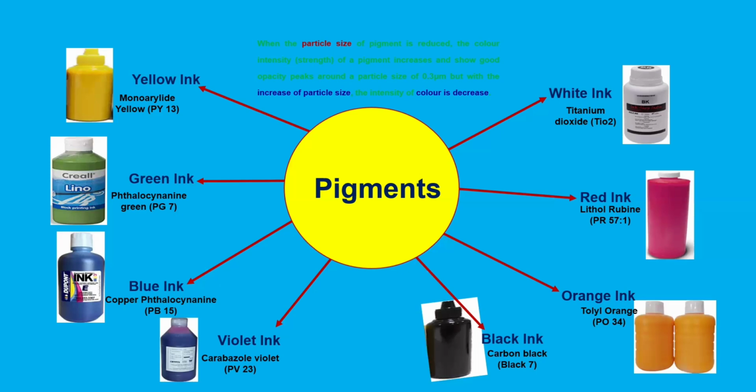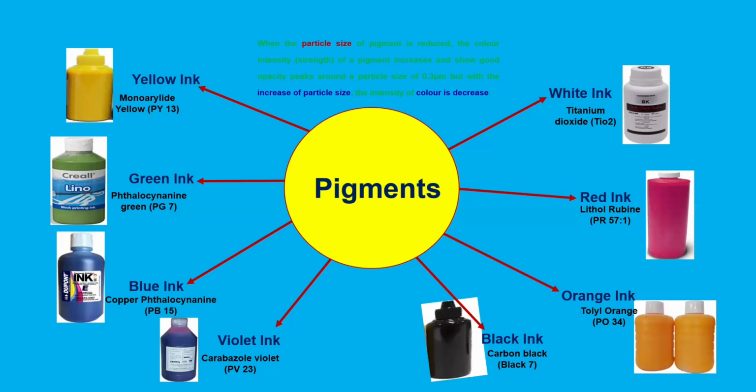If pigment concentration is increased, it shows good opacity and good strength for the inks. But on the other side, if the particle size is decreased, this also decreases the color strength.